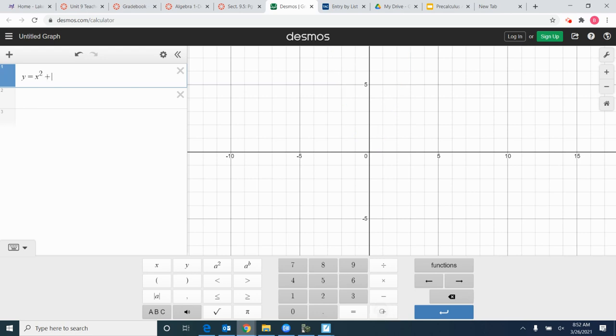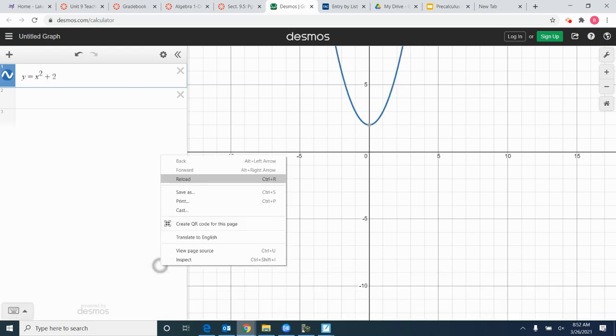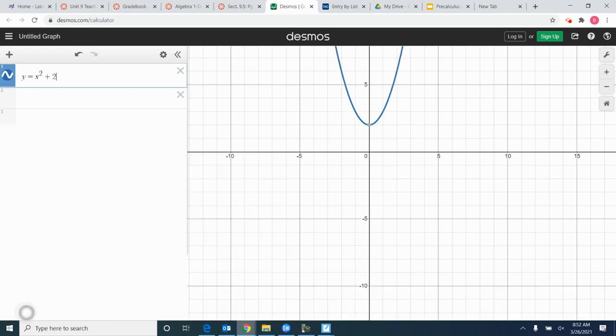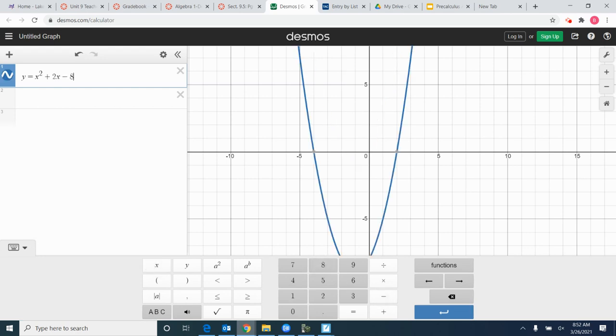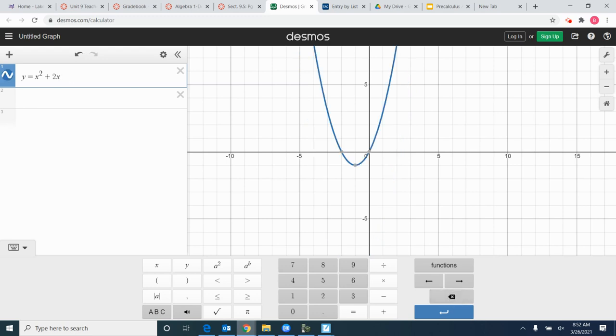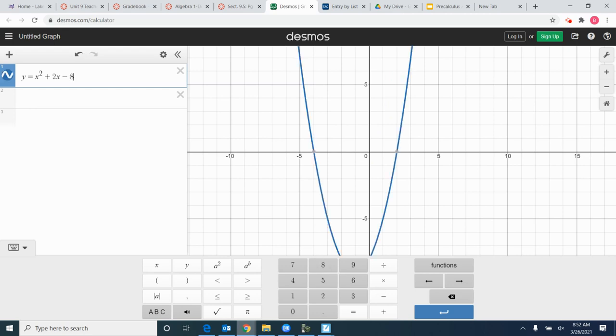Plus 2x minus 8. Now if you notice, it graphs it like each little piece as you do that, and then it changes it. So x squared plus 2x, that's that graph right there. And it's not the final graph until you finish and you put in the minus 8.